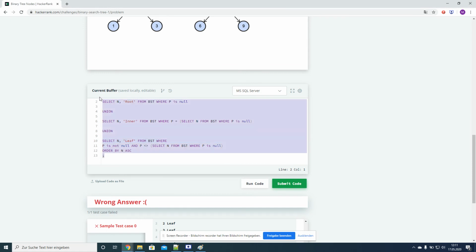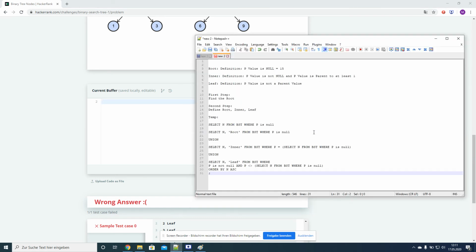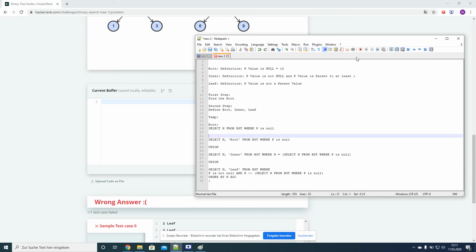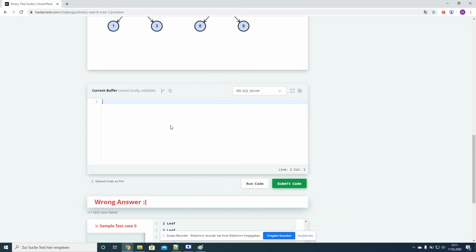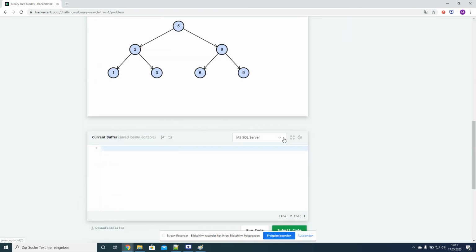How could we get that? So we save our code here. Root. This one, I don't know what to write here. So we want to get select P from BST.